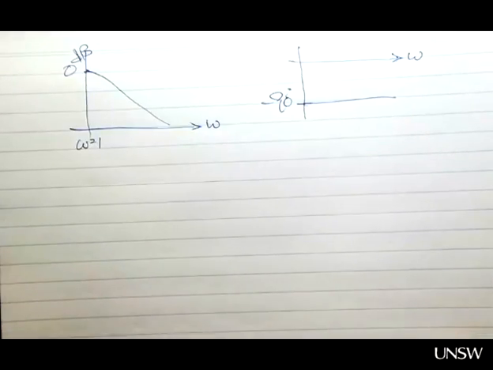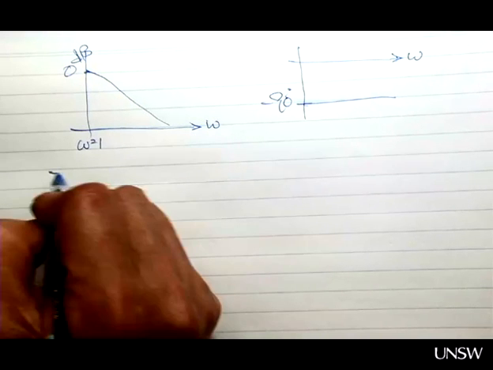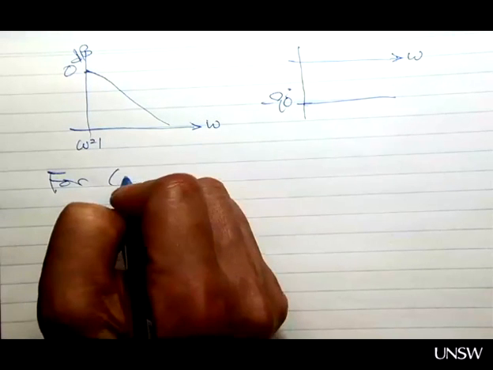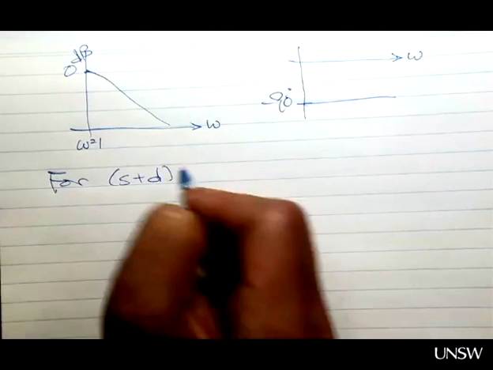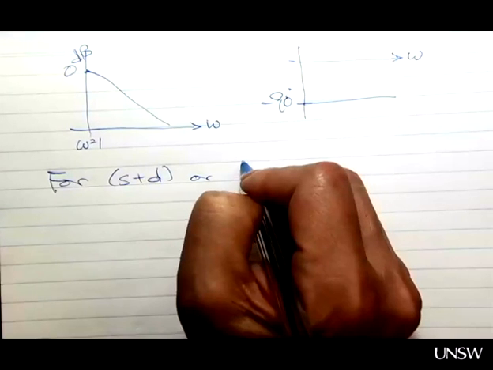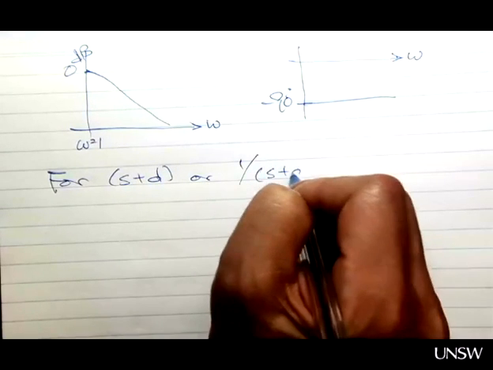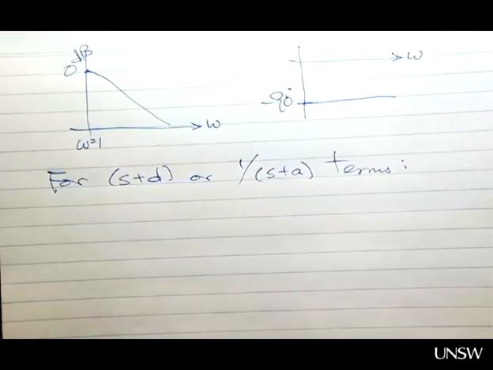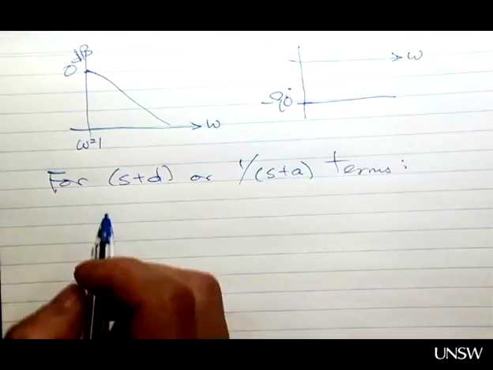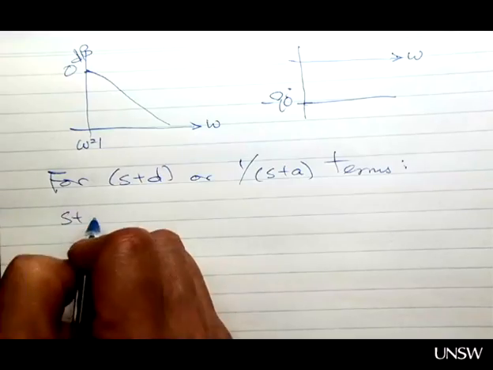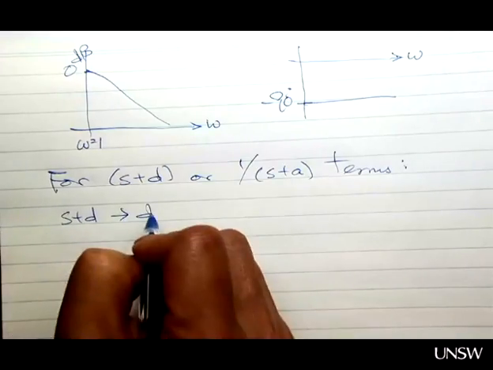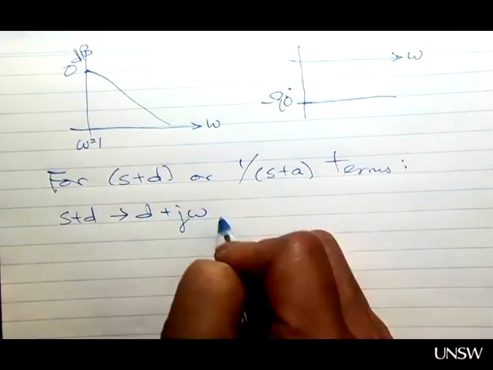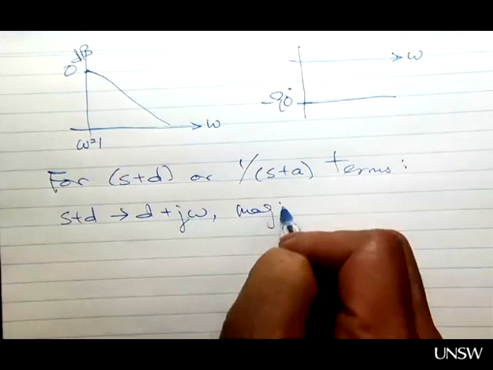And then for other terms, for the first one, s plus d, or the 1 over s plus d term. Then s plus d implies that it is d plus j omega. And then the magnitude is the square root of d squared plus omega squared.